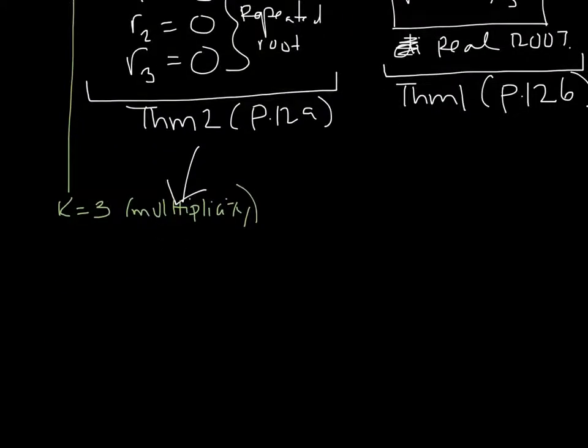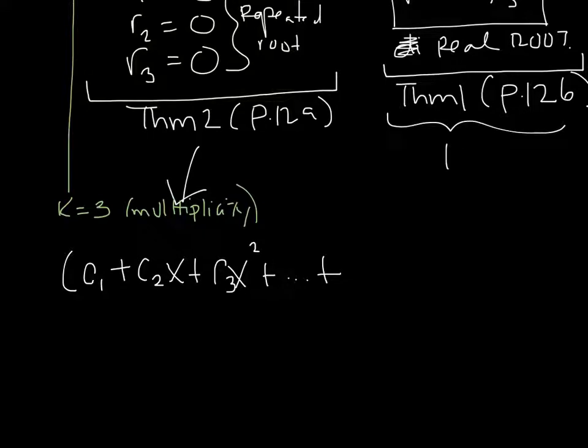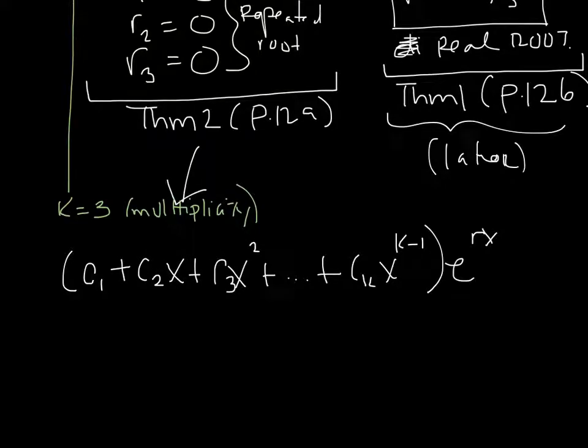It's C1 plus C2 x plus C3 x squared plus dot dot dot plus Ck x to the k minus 1 times e to the rx.